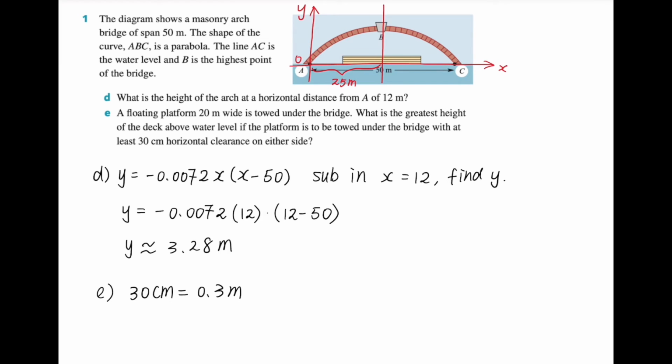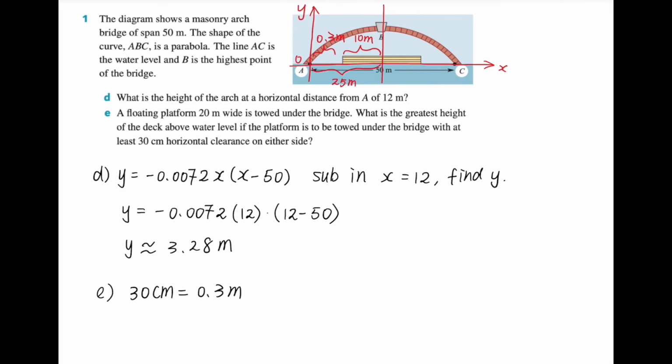The length of the platform is half of 20, which is 10. So that means this length is 10 meters. In addition, we need to leave 0.3 meters clearance on one side, so we also need to take into account 0.3 meters here. In other words, we need to leave enough space for the floating platform, otherwise it'll get stuck.